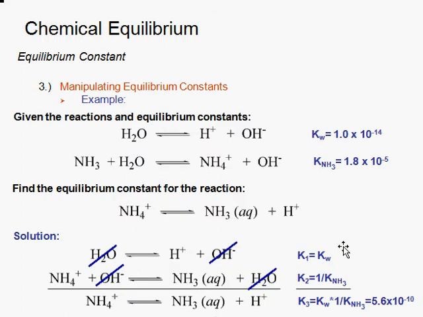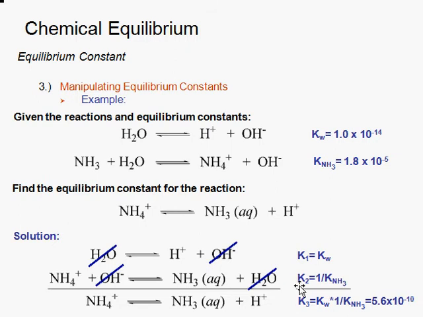Given the reaction, let's say Kw is equal to 1 into 10 to the power minus 14 for water. For ammonia it is 1.8 into 10 to the power minus 5. Find the equilibrium constant for the reaction. In this equation we just keep H2O equal to H plus and OH minus, but NH3 with H2O, first of all we reverse it.